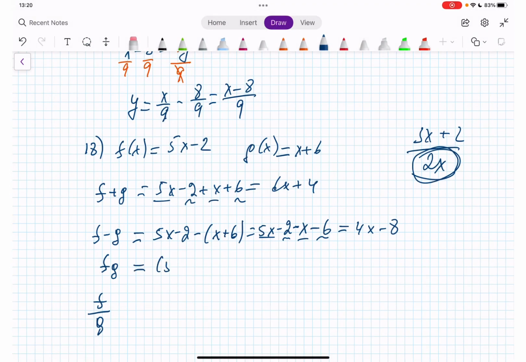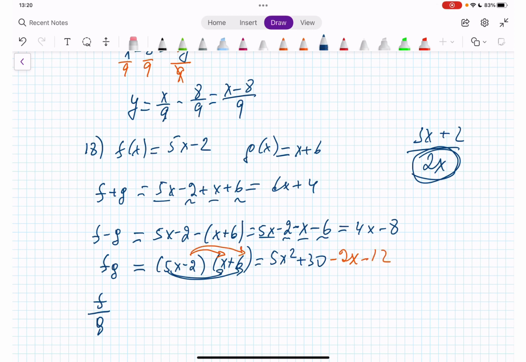So we have 5x minus 2 times x plus 6. 5x times x is 5x squared. 5x times 6 is plus 30. Negative 2 times x is negative 2x. Negative 2 times 6 is negative 12.